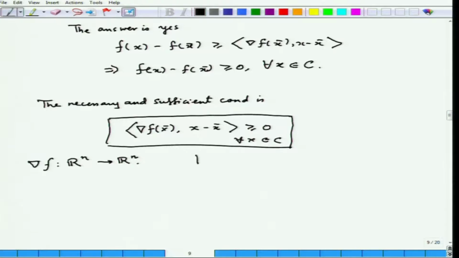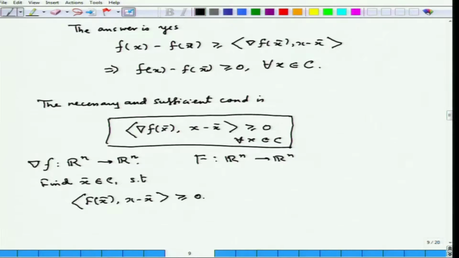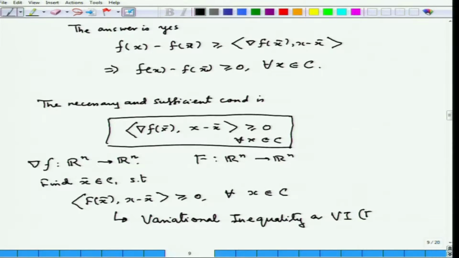Now, instead of this, if I choose some arbitrary vector function from Rn to Rn and I pose the question, find x bar element of C, where C is convex, the same C, such that F of x bar transpose x minus x bar is greater than or equal to 0 for all x in C, this is what is called a variational inequality, or VI problem, usually denoted as VI F and C. So, our convex programming optimization problem can also be written as VI grad F, C.